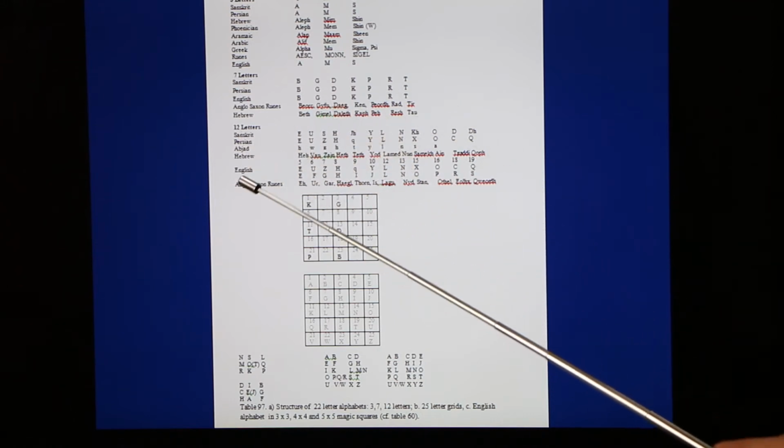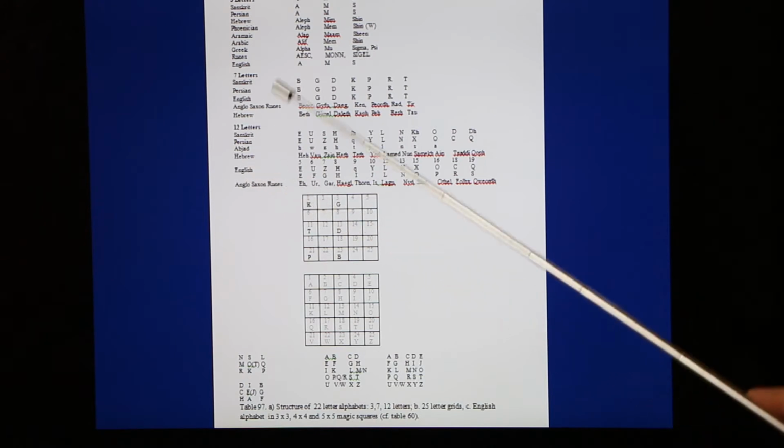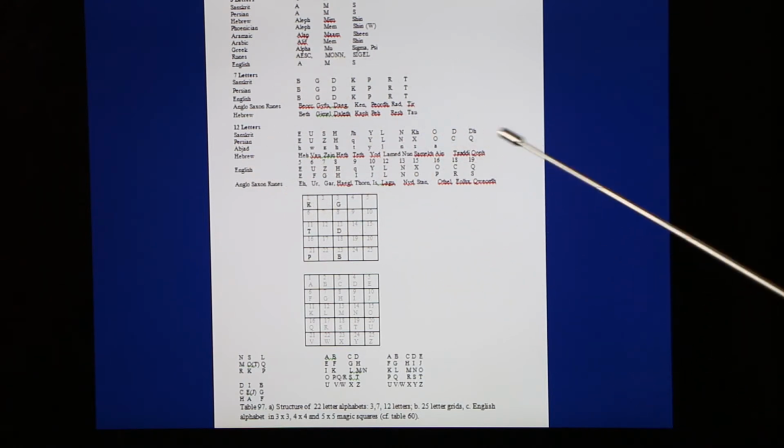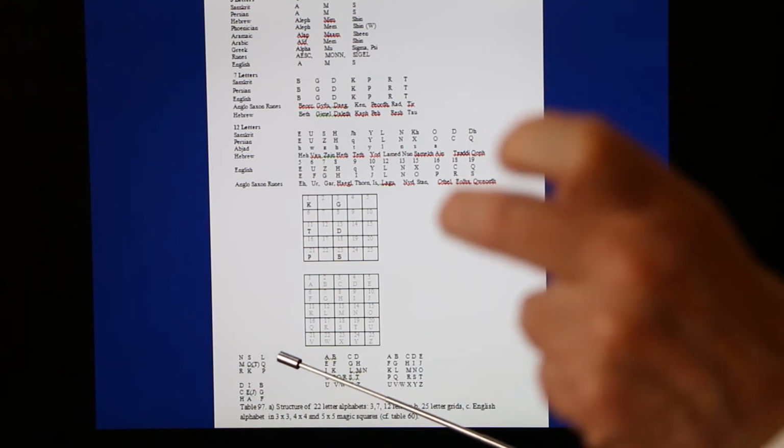And then we have 12 letters. So these link with the 7 planets, these link with the 12 zodiac signs. And now, if we were doing the 9 square version of the letter writing, then the central one would, in English, be A, E, I. So all vowels, yes.